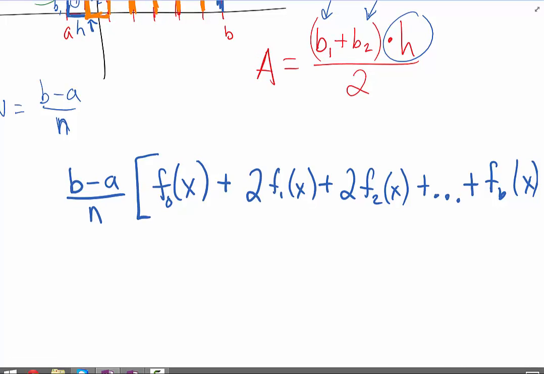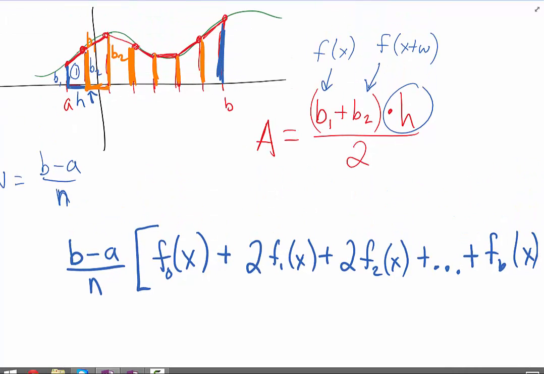All of these middle points happen twice, and the outside ones happen once.